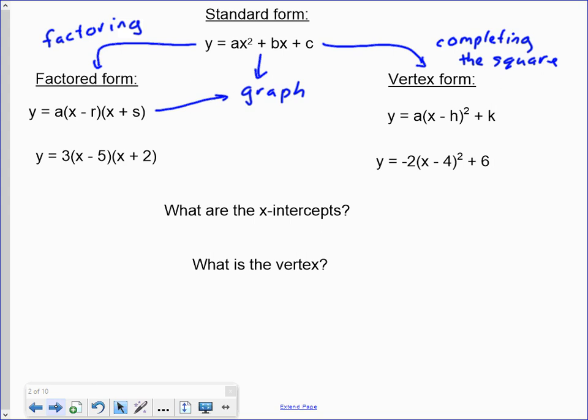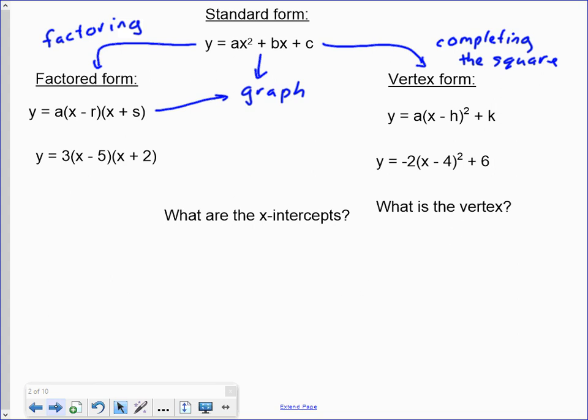One of these questions is, what are the x-intercepts of the parabola? And the other question is, what is the vertex? The vertex form, obviously, is very useful for answering the question, what is the vertex? And the factored form is very good for answering the question, what are the x-intercepts?